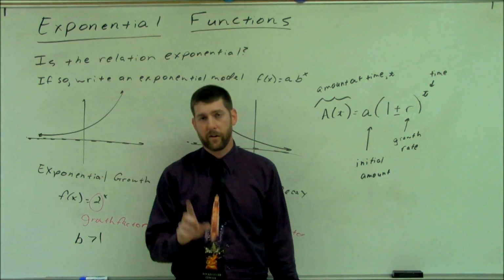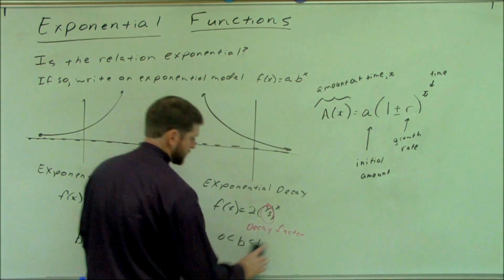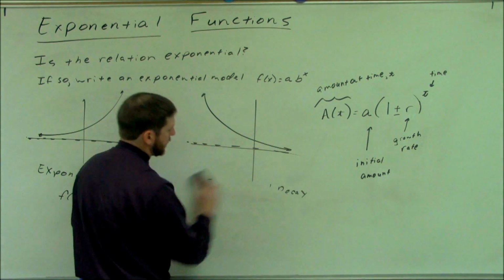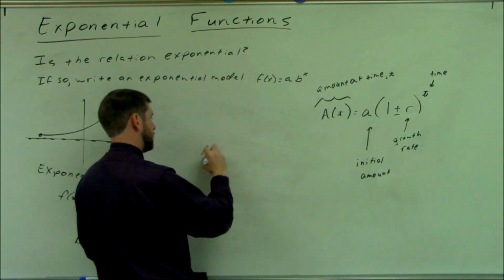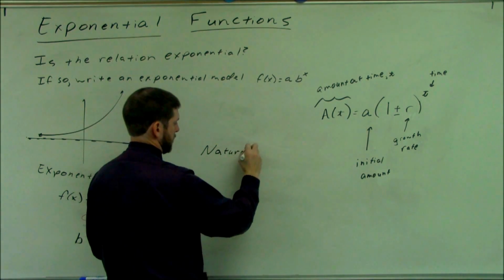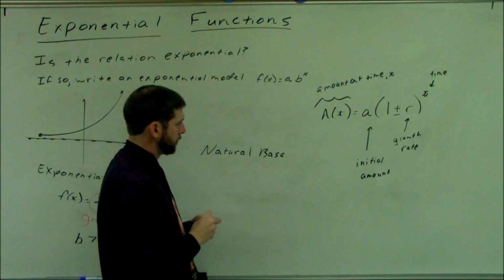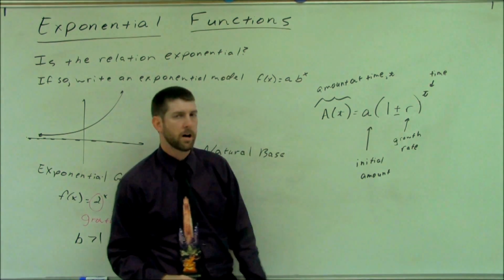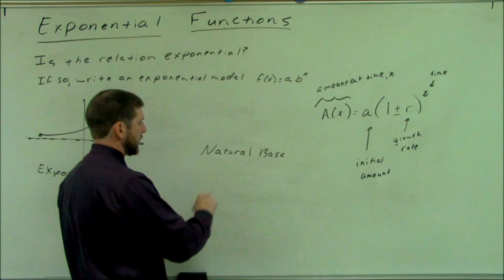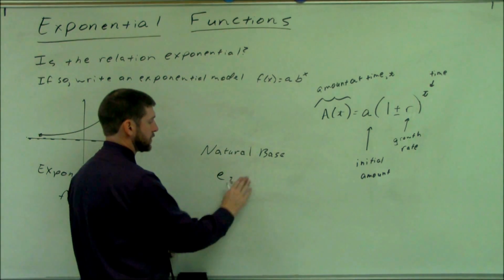Now, there's a very special number that I want to talk to y'all about, just to kind of introduce it. It's a number called the natural base. And we will look more in depth about where it comes from, but it is an extension of this model right here. It's the natural base, and we represent it with E. Okay?